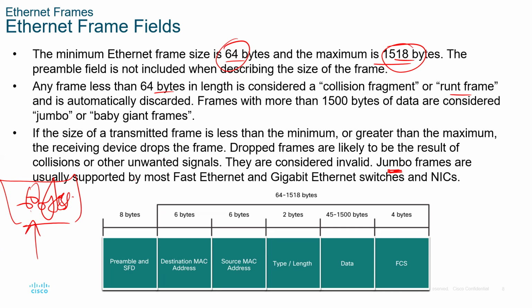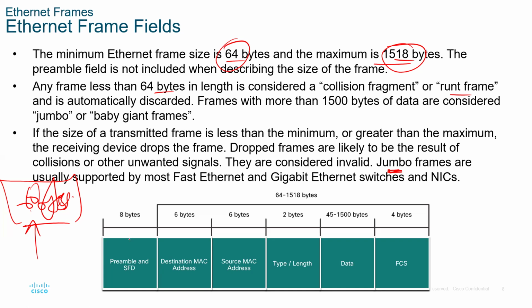Now going to the frame view, you see it's almost the same as the general structure that we gave at the data link layer. With this one, we have 8 bytes of the preamble and SFD. The SFD is the start frame delimiter, which is used to synchronize between sender and receiver.